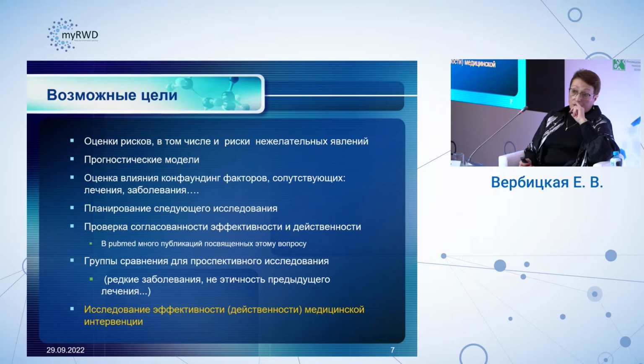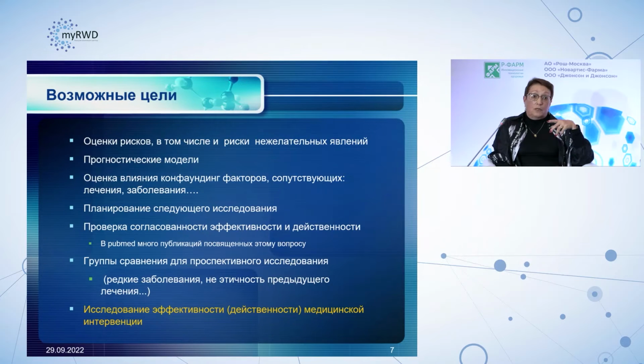It is quite easy to use modeling to build these trials. In order to calculate the sampling, it is very good to use the RWD, RWE data. There are a lot of papers that were published about checking the coordination between the results of the trials and real-world data, and the number of such publications is growing.